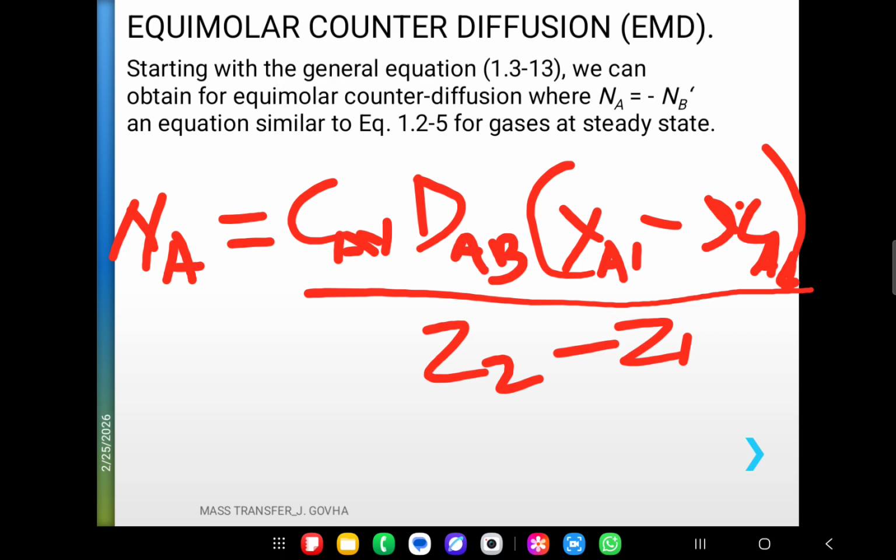You would find that this is similar to the equation of JAB.